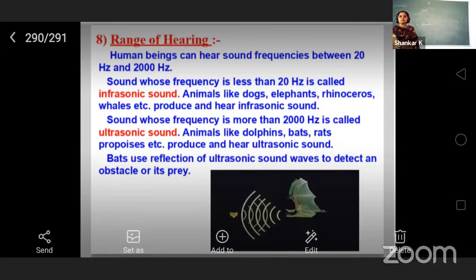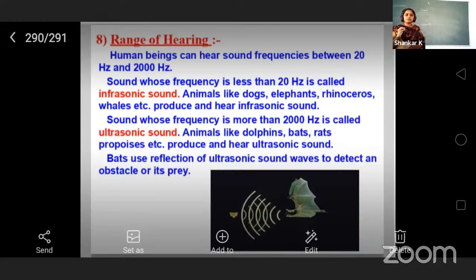Bats use reflection of ultrasonic sound waves to detect an obstacle or its prey. Whenever a bat wants to catch its prey, it uses reflection of ultrasonic sound waves to detect an obstacle or its prey.